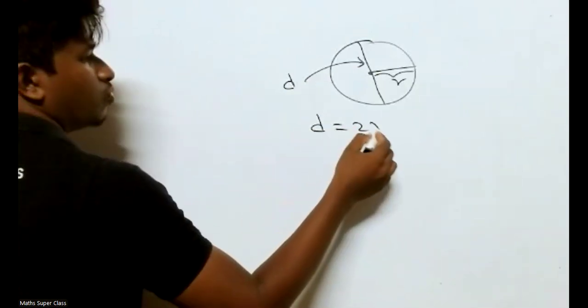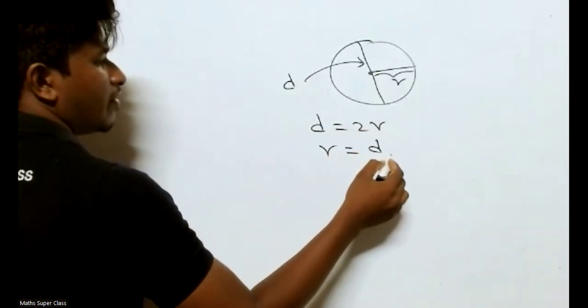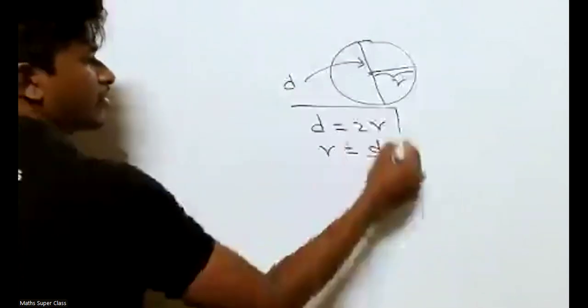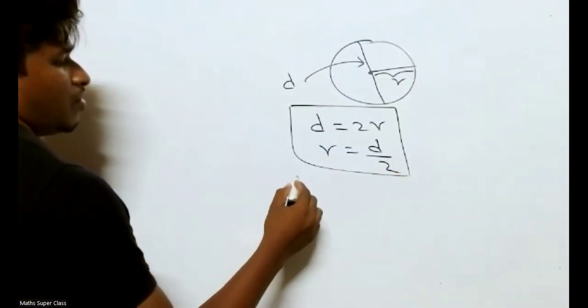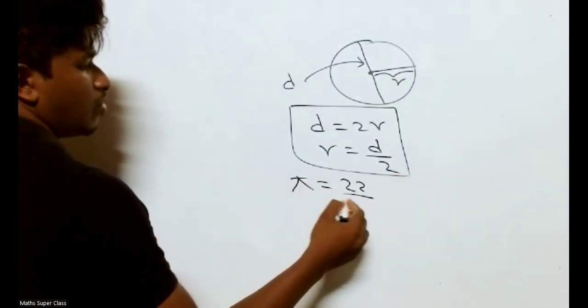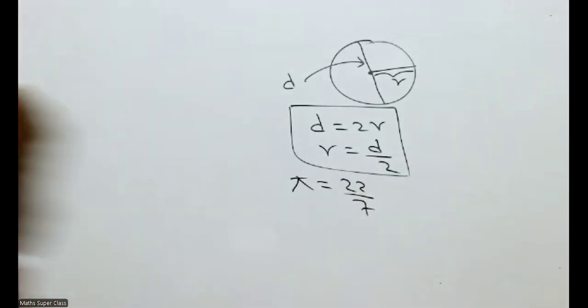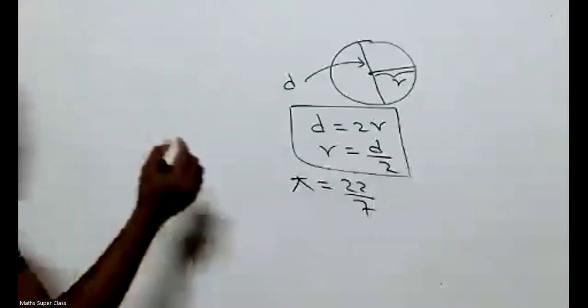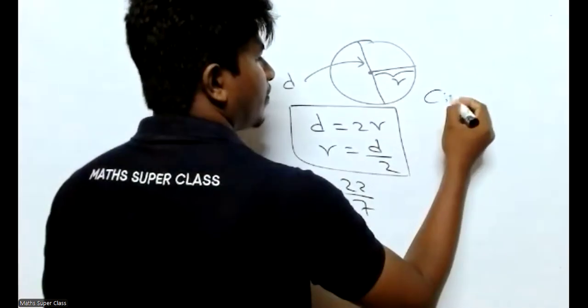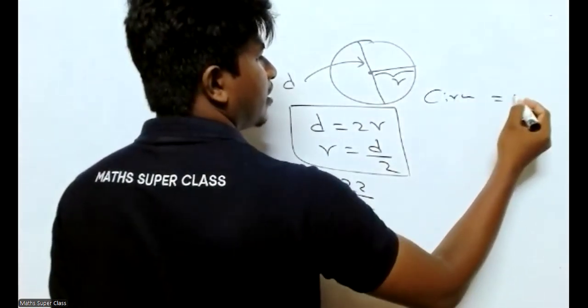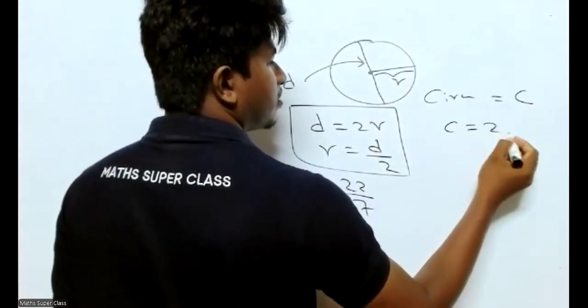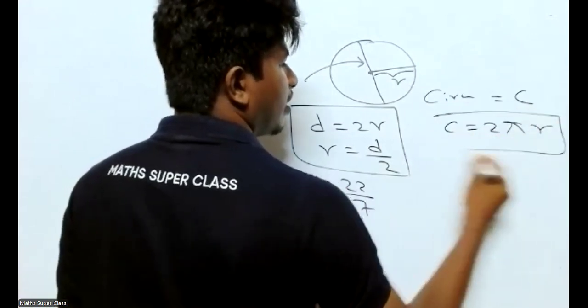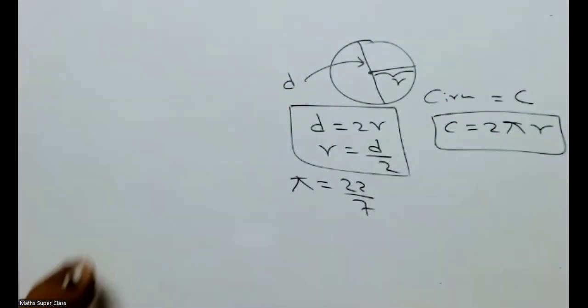Always d equals 2r, and r equals d divided by 2. This is a relationship. Pi means 22 over 7. The perimeter or circumference of the circle is C, so C equals 2 pi r. This is the formula to find the circumference.